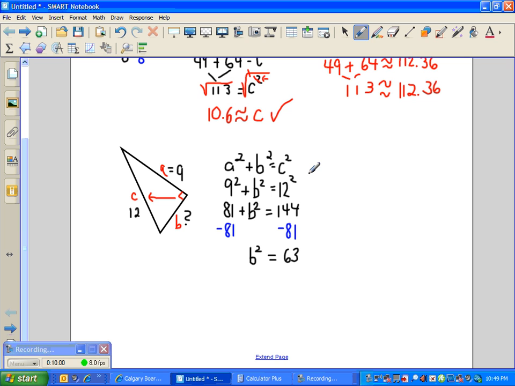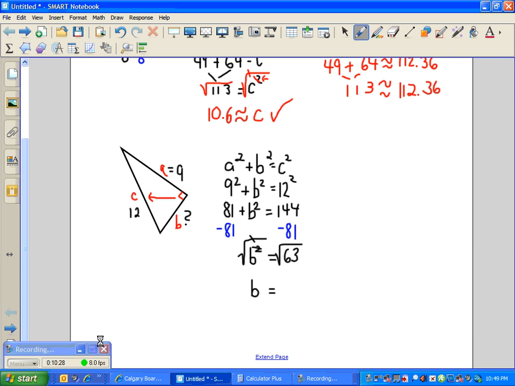Just like the above example, when we had C squared, we need to get rid of the square symbol because we only want to know the side length of B, not the area of the square. So again, to cancel the square, we use the square root symbol because it's the opposite. And to keep things in balance, we use the square root symbol on both sides.